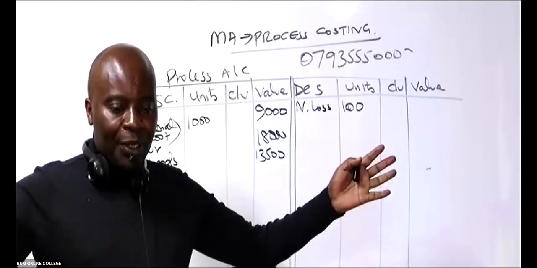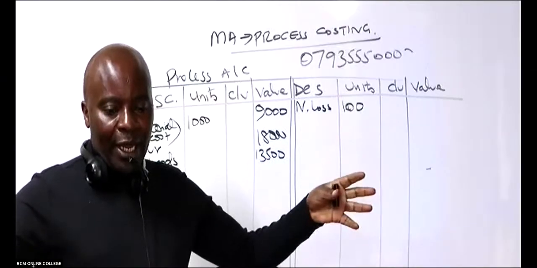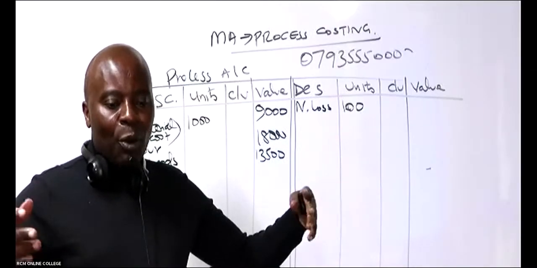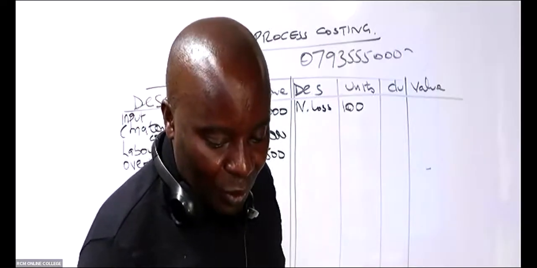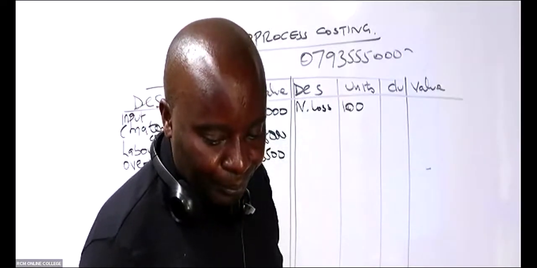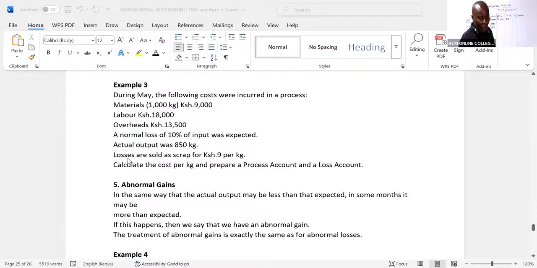We scrap them, sell them at a throwaway price. If the scrap value is given, we multiply the units by the scrap value. In this case, losses are sold at a scrap value of 9.